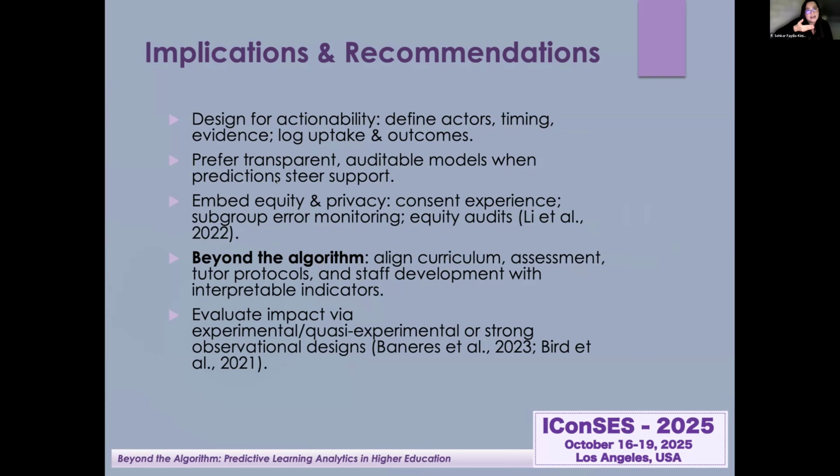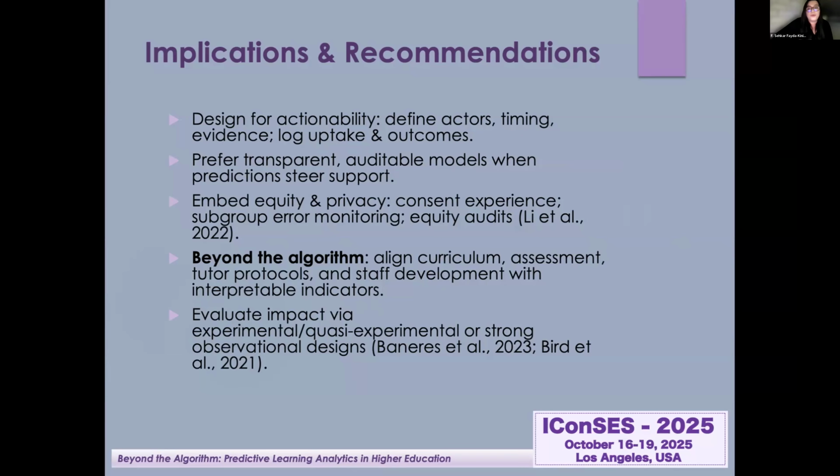We have the data based on predictions, but we also need staff development, tutor protocols, which data can be shared and which cannot be, and what about the assessment procedure? When we get data from predictive learning analytics as faculty, what should we do with that? We need to be guided through interpretable indicators.